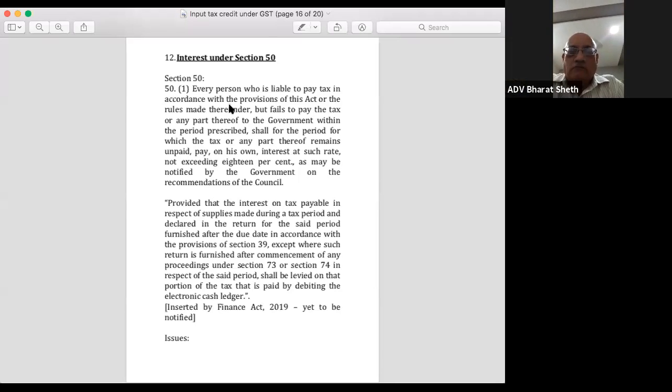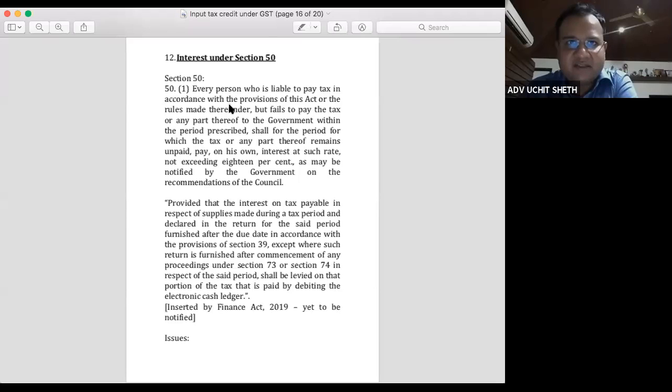As I said, a view can be canvassed that ultimately whatever my goods and services are going towards the main activity of fish, they are not going towards this MEIS license, and therefore I'm not using it partly towards taxable and partly towards exempt. But that is an issue of litigation, and so if we want to avoid it, then proportionate to my license sale turnover, we should on the safe side reverse the input tax credit to that extent.